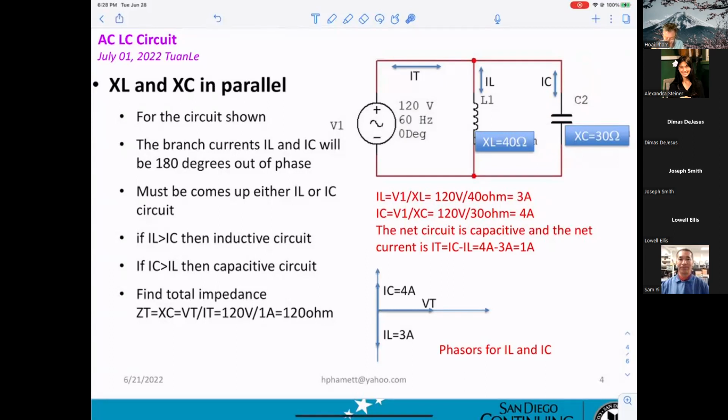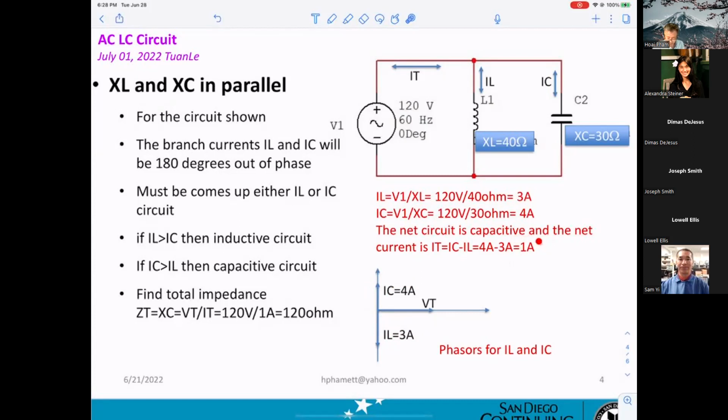If you're looking in here, IC will be leading IL by 90 degrees, so the values will be opposite. IC is 4 amps and IL is 3 amps. The net circuit is capacitive and the net current is IT equals IC minus IL.